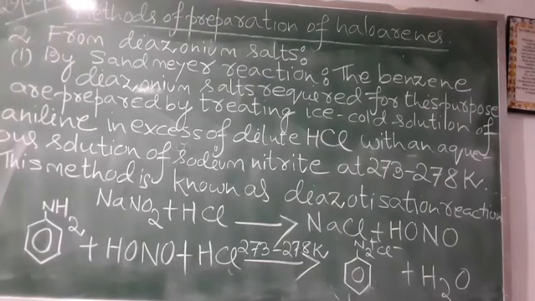Now children, you will ask me that, sir, why are we preparing nitrous acid like this? For example, when we carry out a reaction using HCl or HNO3 or H2SO4, we don't need to prepare HCl or H2SO4 or HNO3.